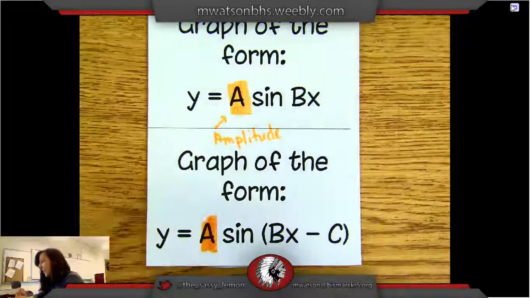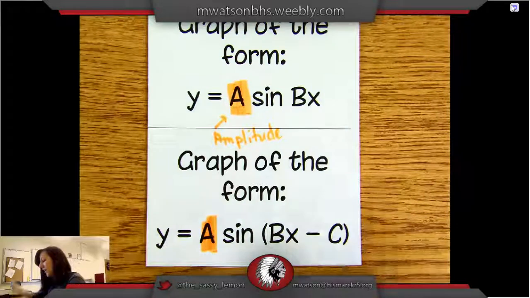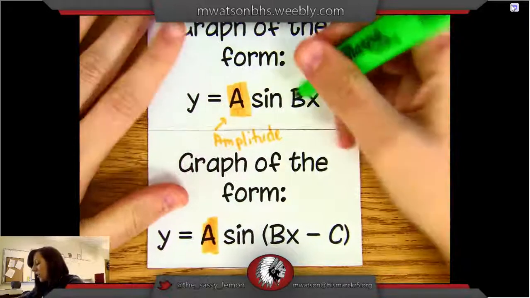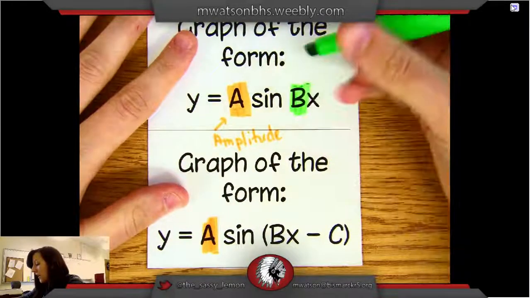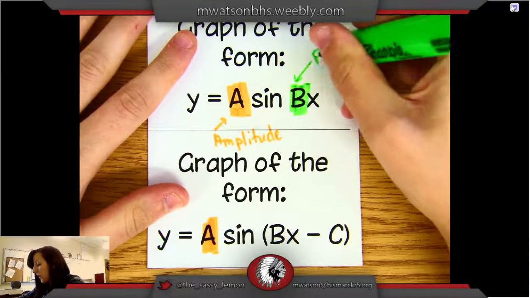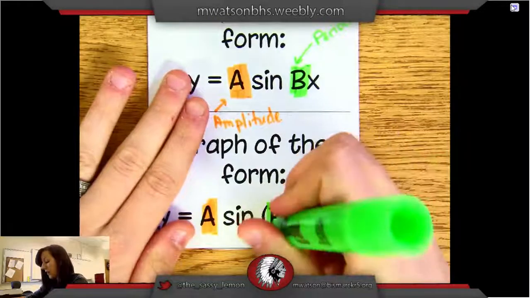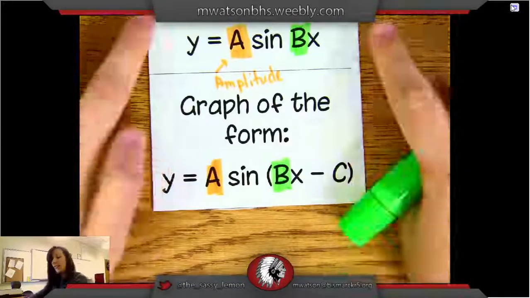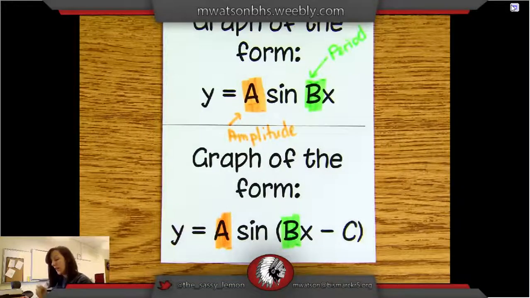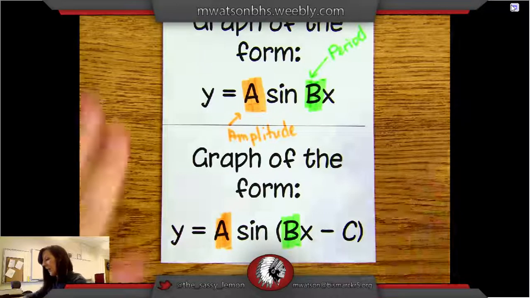But then this number in front of your x, the coefficient on your input, I guess you could say, that one affects your period. And down here as well. And then you can see the only difference between these two forms, there's a big difference, but the difference is this minus c.